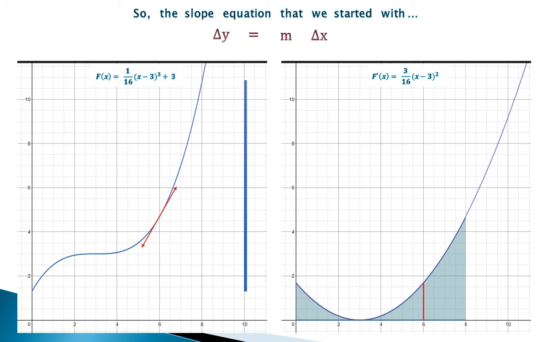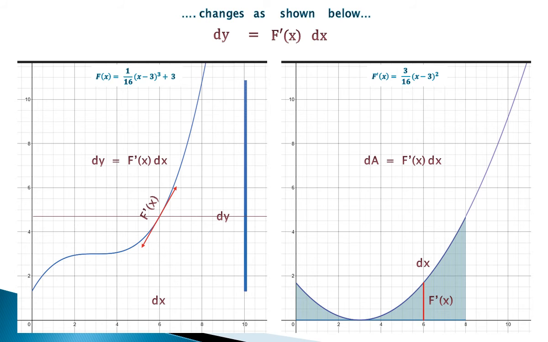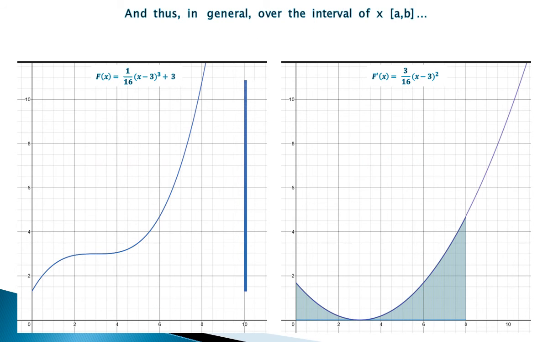So the slope equation that we started with changes as shown below. And thus, in general, over the interval of x, a, b, the sum of each infinitesimal dy equals the sum of each infinitesimal area f prime dx.